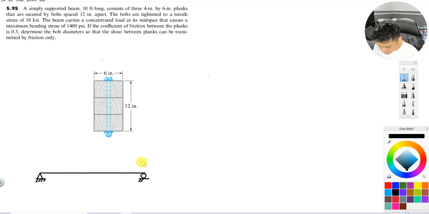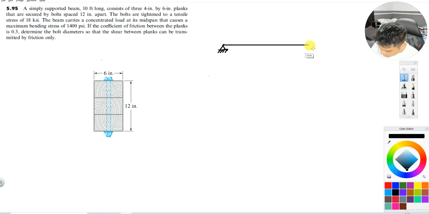Huwag ko na diyang ilagay kasi mag-drawing pala ako ng shear diagram. Okay, dito na lang. 10 feet long. Consists of 3 4-inch by 6-inch planks. Ito show, no? Secured by bolts.